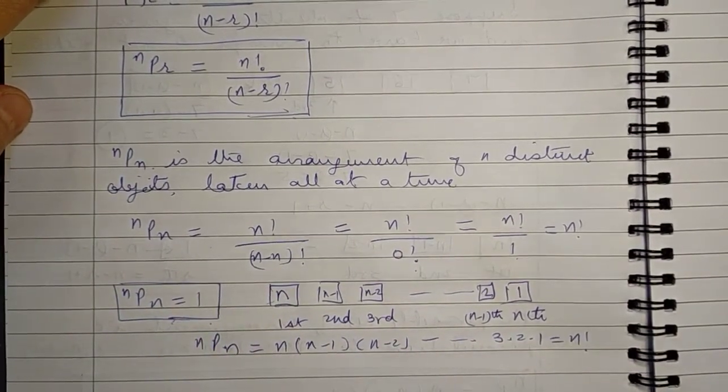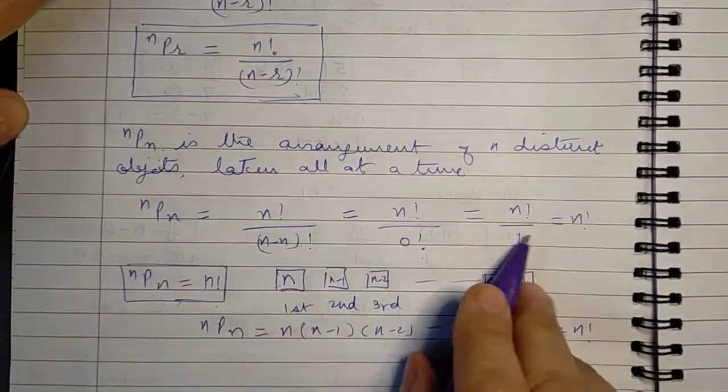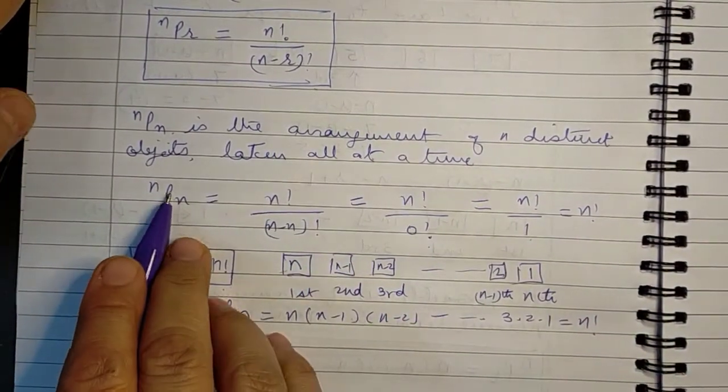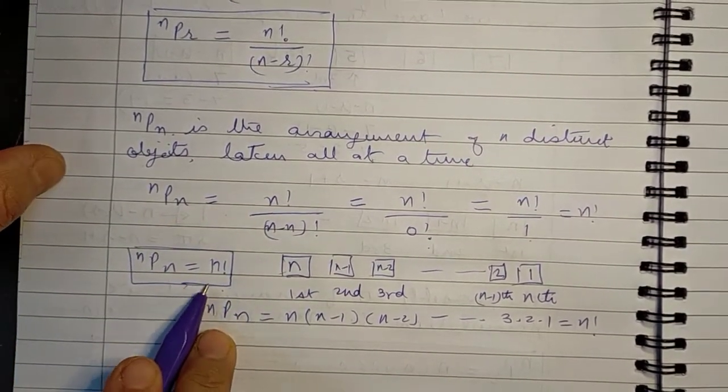This again confirms the result we obtained from the formula, that nPn is equal to n factorial.